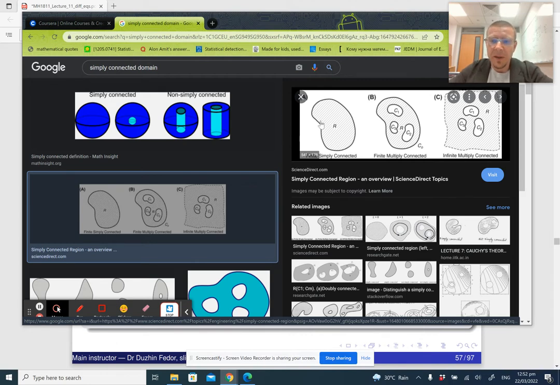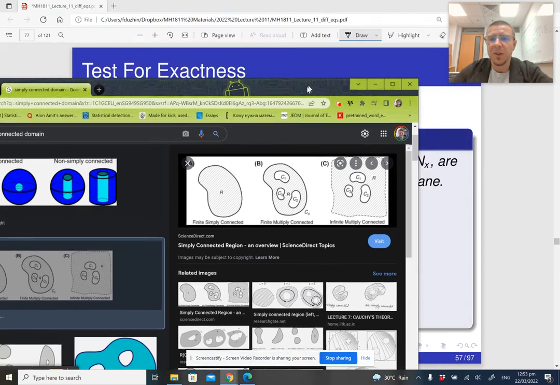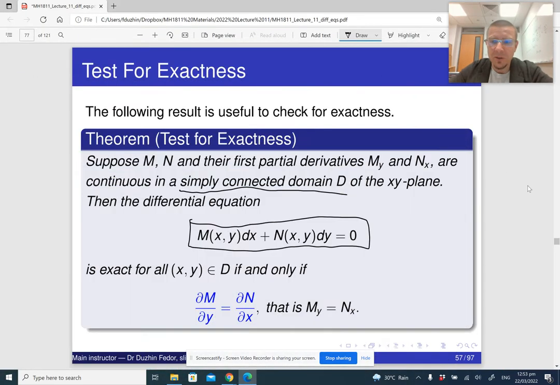So like here, A is a simply connected domain, but B and C are not simply connected domains, right? So something like an annulus, something with holes, is not simply connected, but something without holes is going to be a simply connected domain.